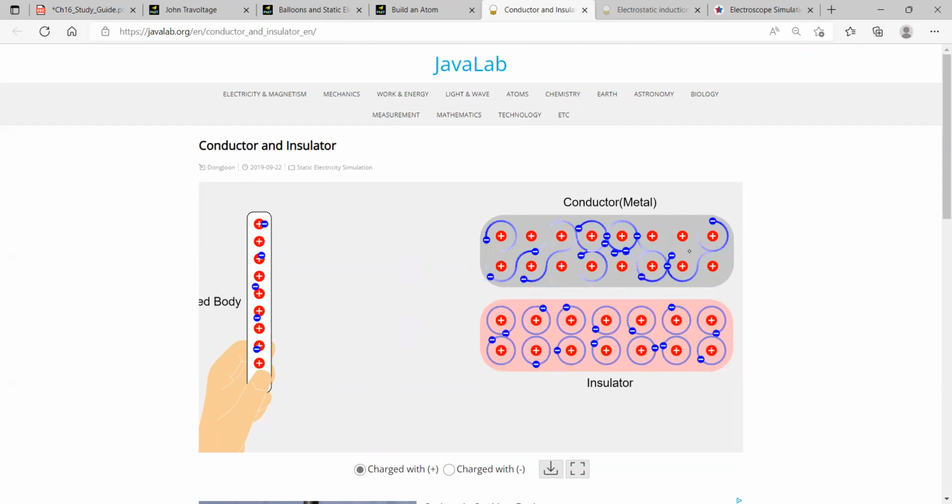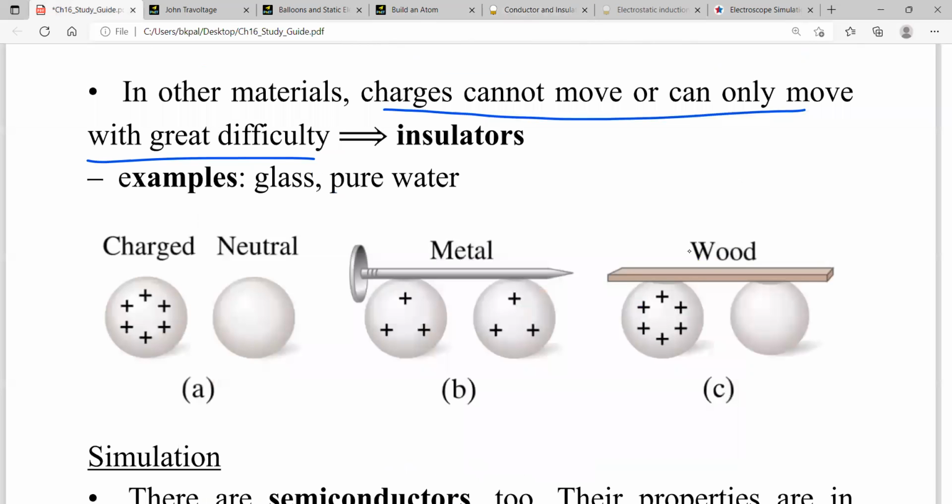All right. Now, what happens if we have a charged metal ball and a neutral metal ball, and they're connected by a metal object? Here we have a charged metal ball, and here a neutral metal ball. In the next picture, these two metal balls are connected by a metal pin. When they are connected by a metal pin, you see the charge from the charged object moves to the neutral object.